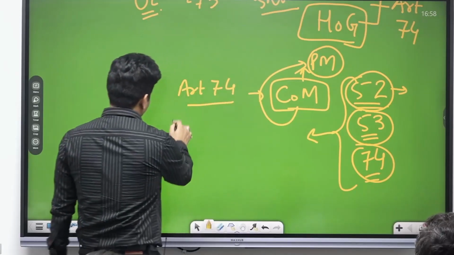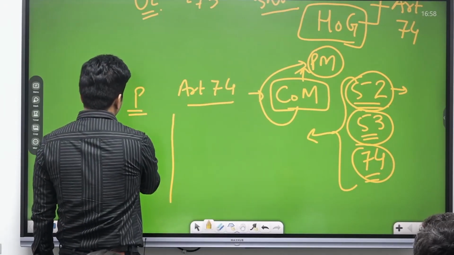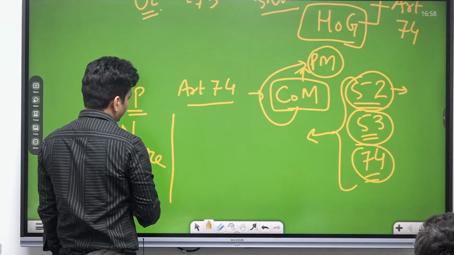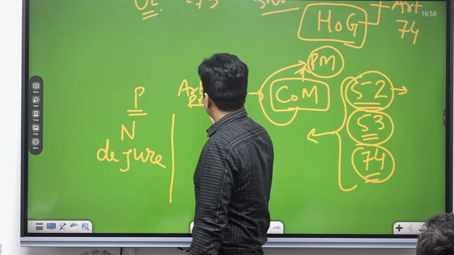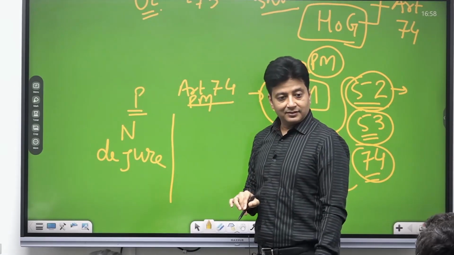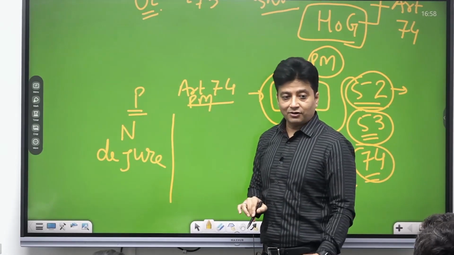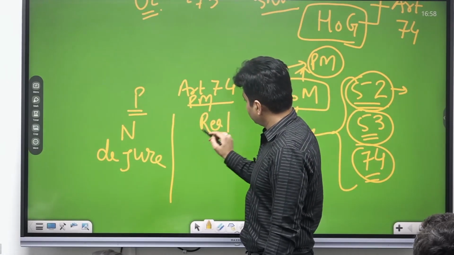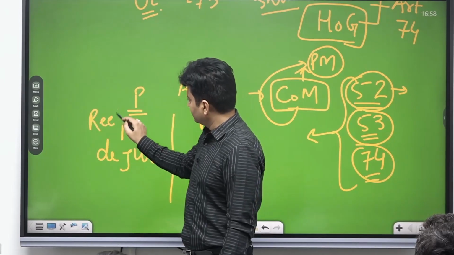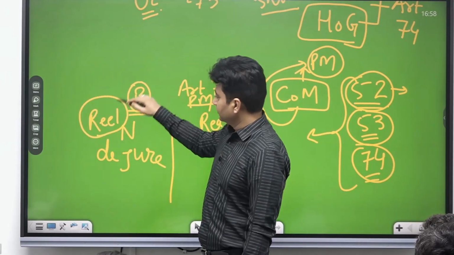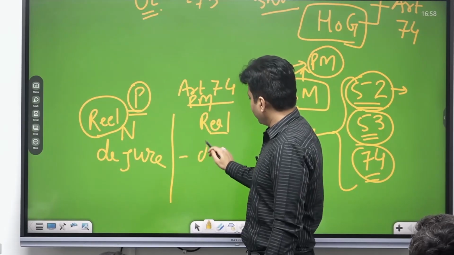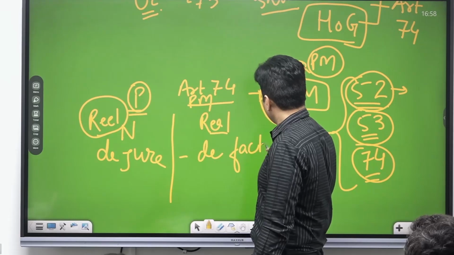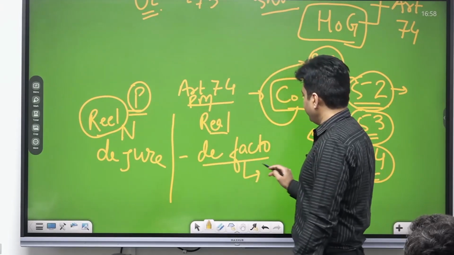And because of this fact, the President is the nominal head, or you can say de jure head, whereas the Prime Minister, who is the Council of Ministers' head, is the real head. He is real head, not reel as in the movie reel. Okay, and here we have what is called de facto. In English, we can read it as de facto means in fact.